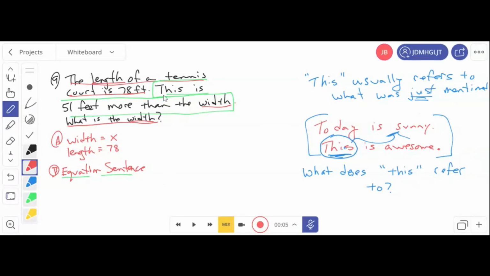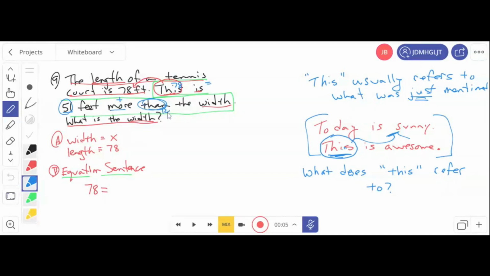So, the first word is this. The word this is referring to what was just mentioned. The thing that was just mentioned is 78 feet. So that is on the left side of the equal sign. This is. So this means 78 equals. 51 is our number, more means we are adding.